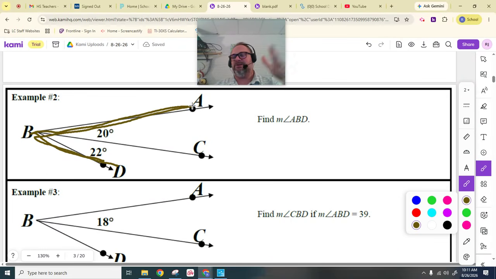Some of y'all have highlighters, whatever. All right, what would the measure of this big angle be? 42 degrees. Okay, now, on your answers, you have to put the little degree symbol.